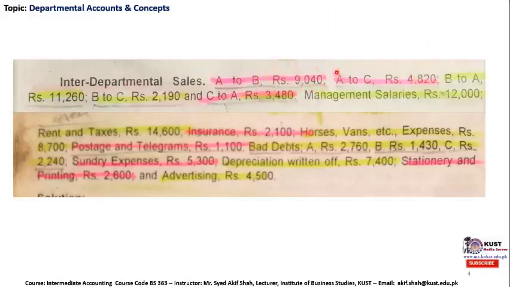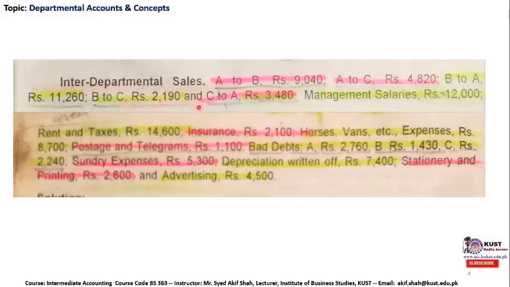Department A has also sold inventory to Department C worth rupees 4,820, as highlighted in pink. Department B has sold to Department A worth rupees 11,260, and at the same time has sold inventory to Department C worth rupees 2,190.